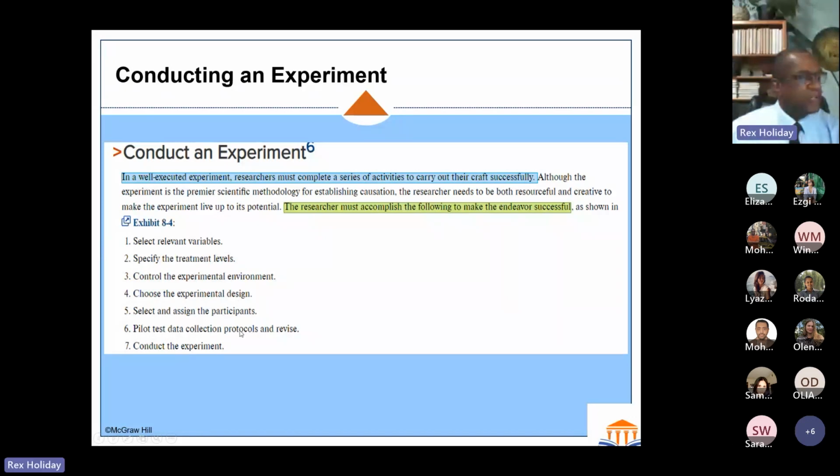Pilot test data collection protocols and revise. So that's something we haven't talked about yet. You actually do kind of a pre-test, so you're sure that when you execute the actual experiment, it's going to yield some usable results. It'll work, in other words, and then conduct the experiment.